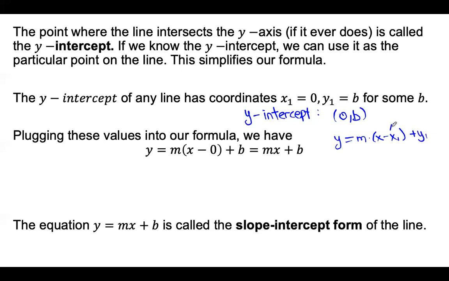We see this is equal to 0, this is equal to b, and we clearly see m times x minus 0 plus our b. So this is just going to be mx plus b. So it implies y equals mx plus b.